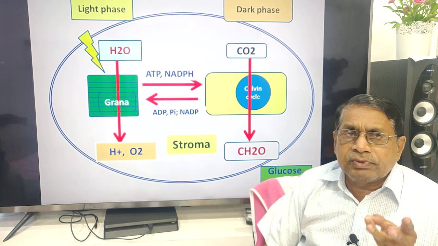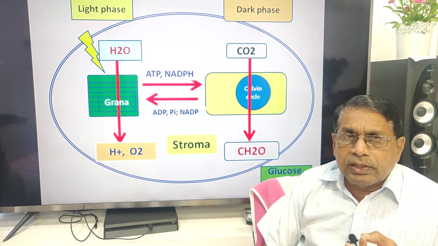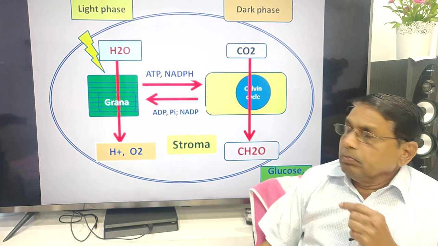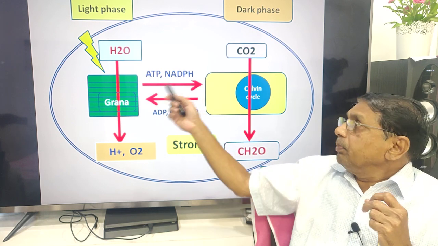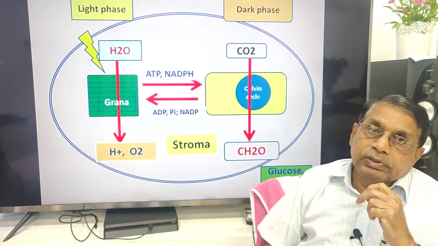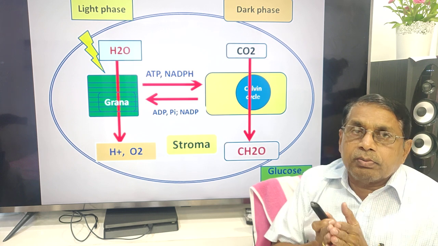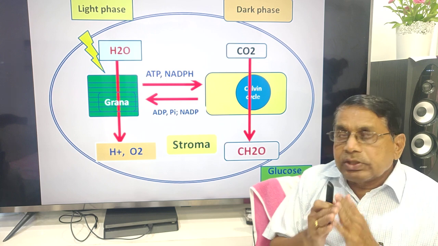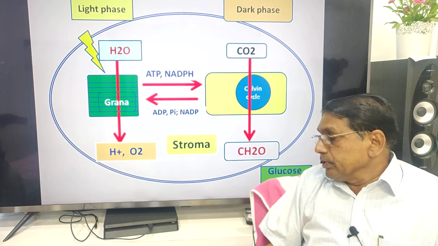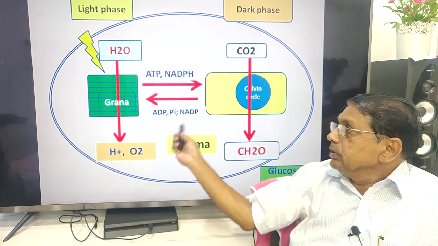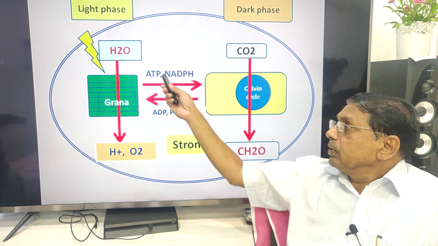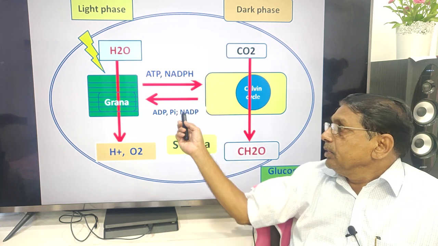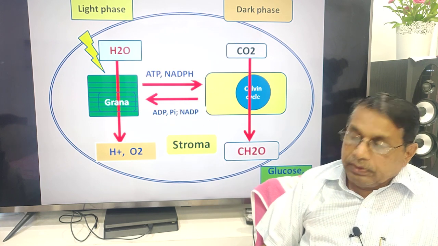The only requirements for light phase reactions are light, water, and chlorophyll molecules. But here, carbon dioxide is required. So whatever carbon dioxide is taken in during photosynthesis is taken in during the dark phase reactions. After utilization, ATP is converted to ADP and NADPH is oxidized to NADP.